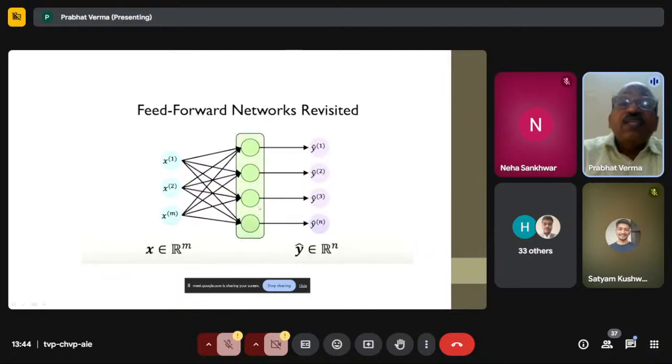Then we have already seen there can be many neurons in a layer. In this diagram we are showing one layer where 4 neurons are there, and m input parameters from x1 to xm are fed to these neurons in all possible combinations.